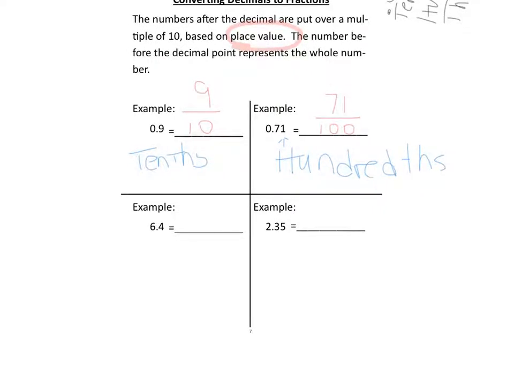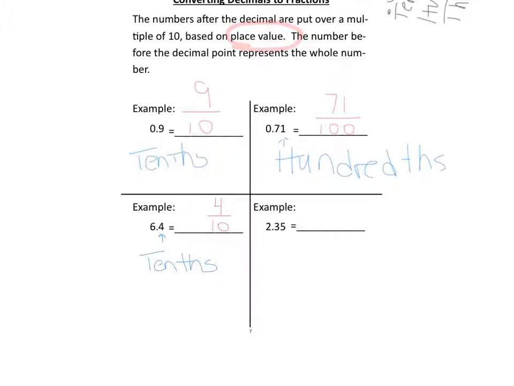Now, taking a look at 6.4, we should note that 4 is in the tenths spot. This means that your denominator is going to be 10. And everything to the right of the decimal is what goes over your denominator, so that'd be 4.